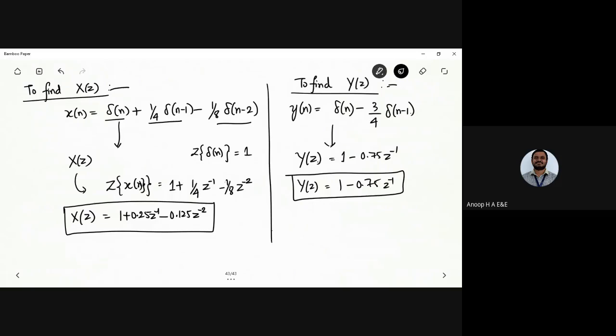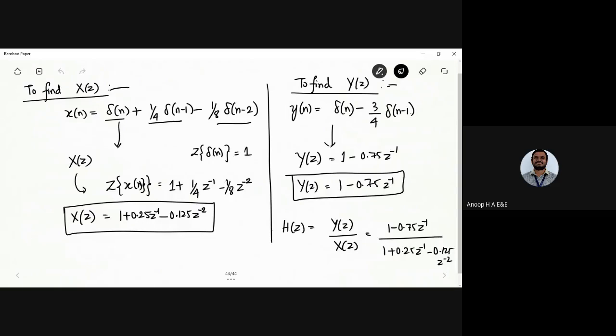Next, how are we going to get h of z? H of z would be y of z divided by x of z, which equals 1 minus 0.75 z inverse divided by 1 plus 0.25 z inverse minus 0.125 z power minus 2.